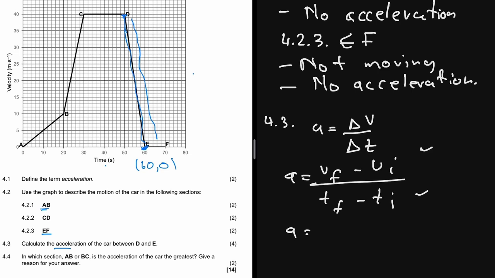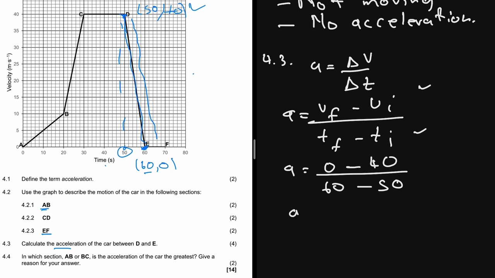The initial point D has an x value of 50, and the velocity there is 40. So the initial velocity is 40. The final time is 60, and the initial time is 50.